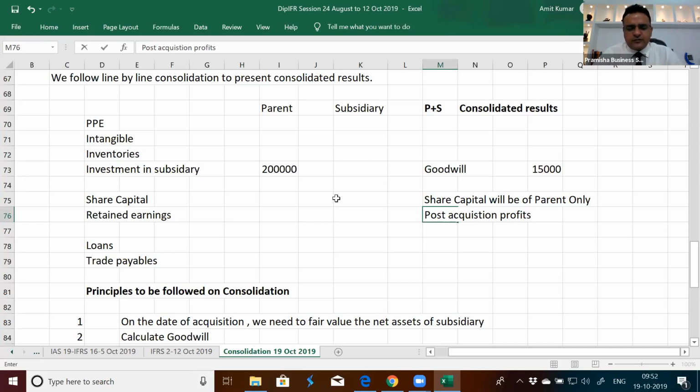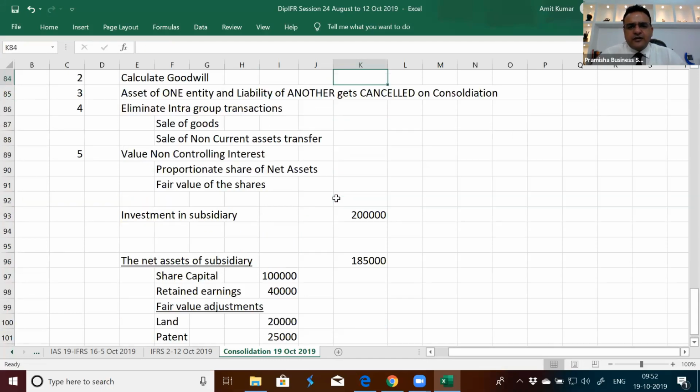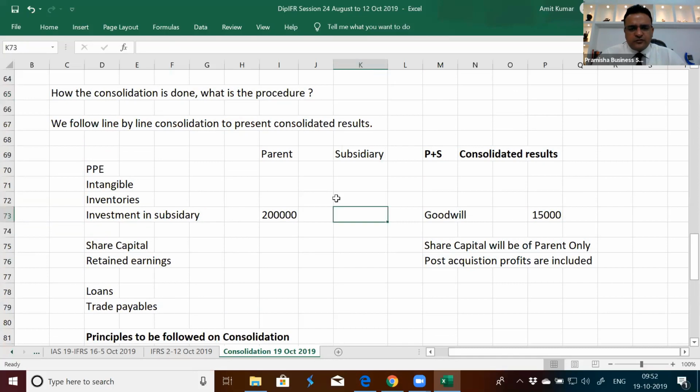Only post acquisition profits are included, because whatever existed on the date of acquisition, we have paid for it. We paid 200,000 to acquire the retained earnings of 40,000, share capital of 100,000 and 45,000 on the date of acquisition. We have purchased it. So the equity in consolidated results will be only post acquisition profit.